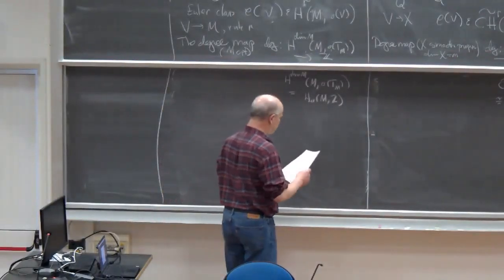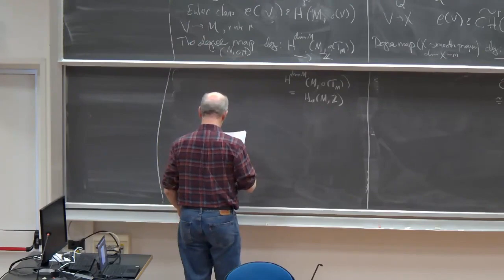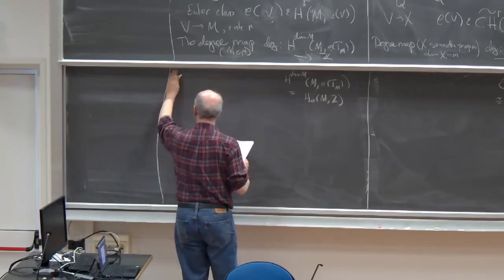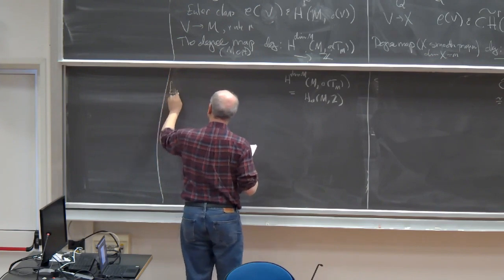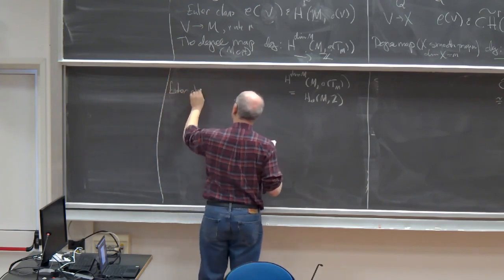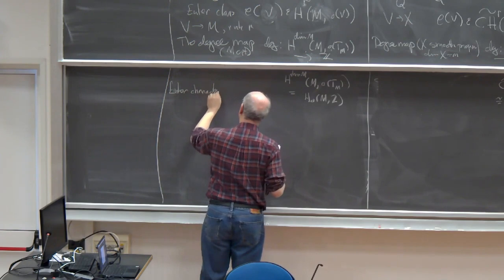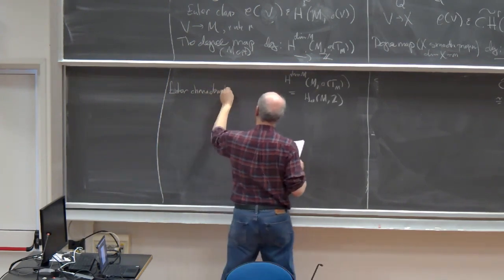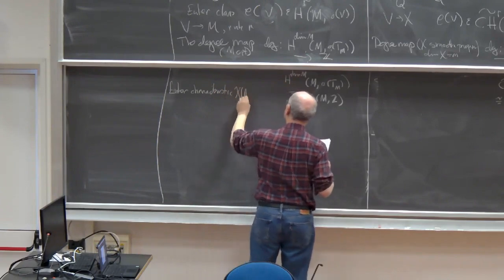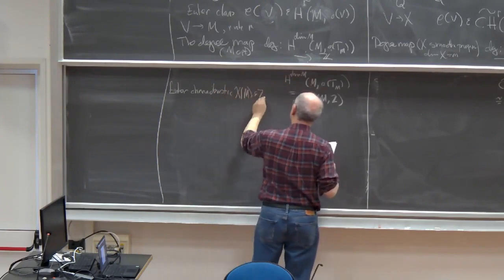Okay, Grothendieck-Witt ring. Then we have the usual Euler characteristic, the Euler characteristic of M in the integers.